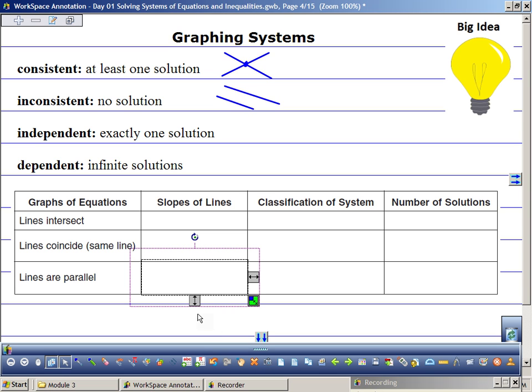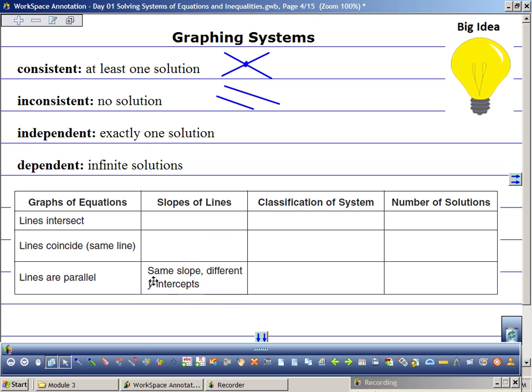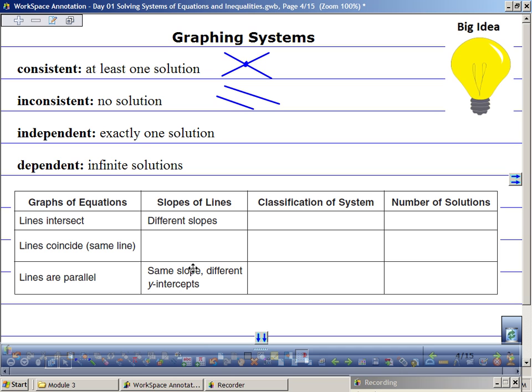Perpendicular lines are intersecting, but not every line that intersects is perpendicular. Let's start with parallel. What do we know about slopes when they're parallel? They're the same. Same slope. So what would it be if the lines were intersecting? Not the same, but not opposite, just different. We know that if lines are intersecting, they have different slopes.